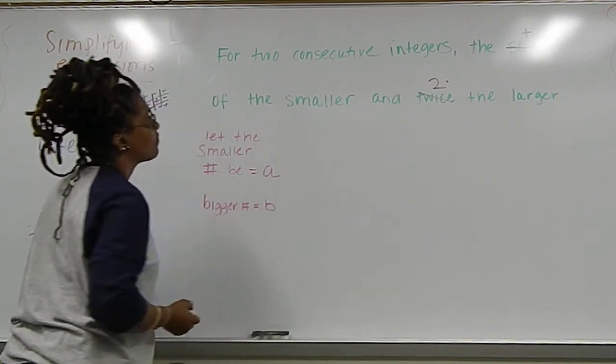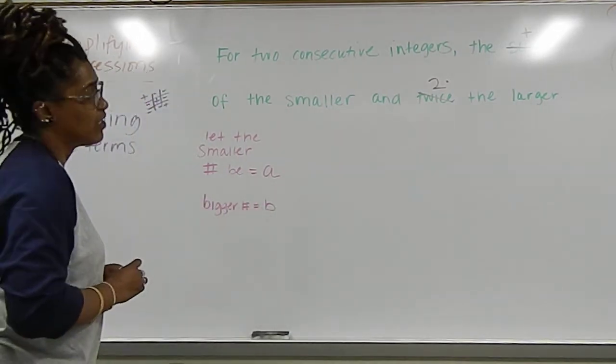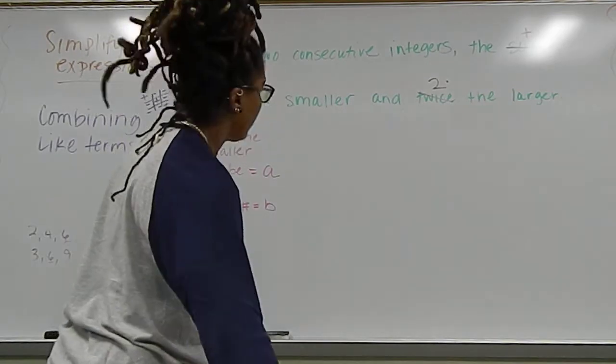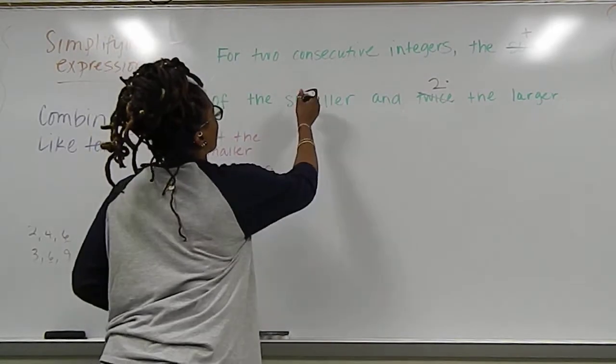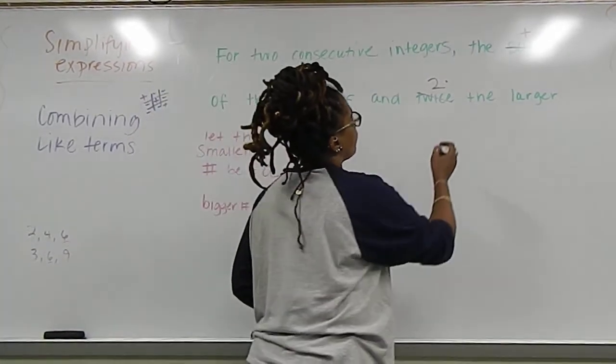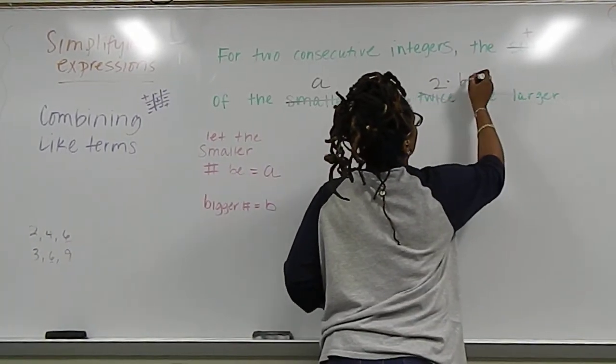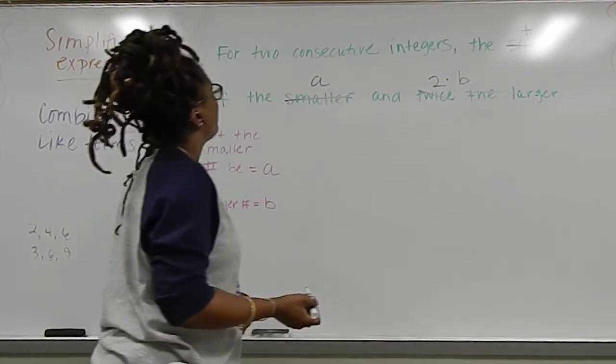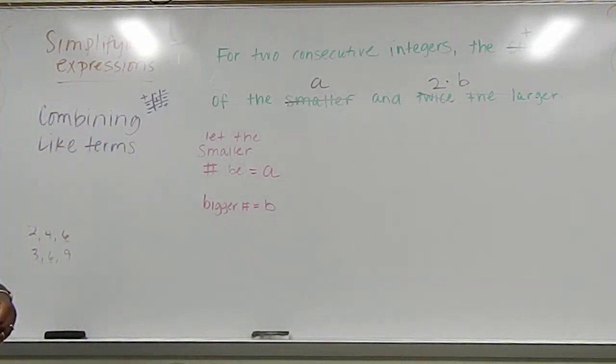will be B, right? So we can come back up here and say if smaller is A and twice the larger, we know that means B, right? So for two consecutive integers, the sum of the smaller and twice the larger.